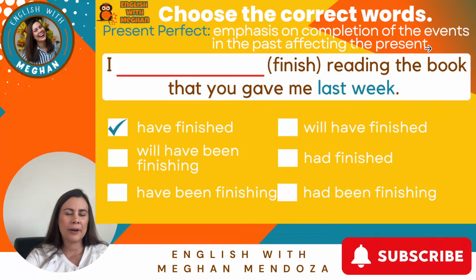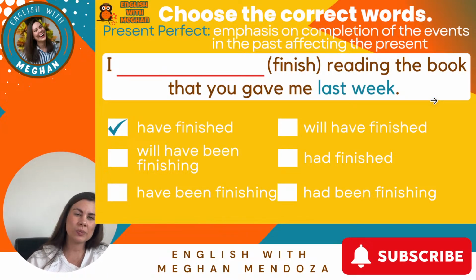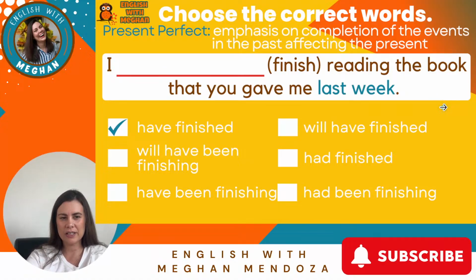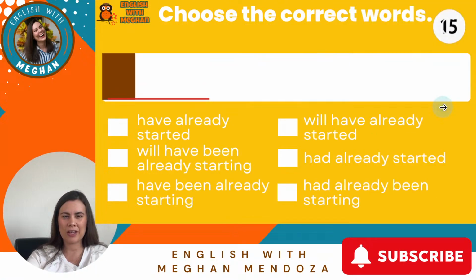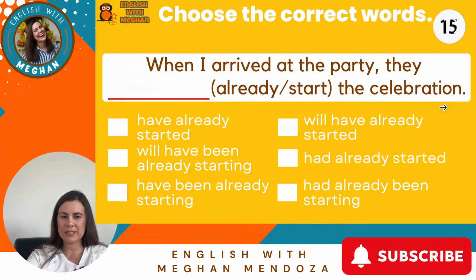There is emphasis on the completion of events in the past that affect the present. So the book is finished last week. It's a relatively recent time, depending on the context. But yes, I finished. It's an experience. It has a relationship to the past, to the present.